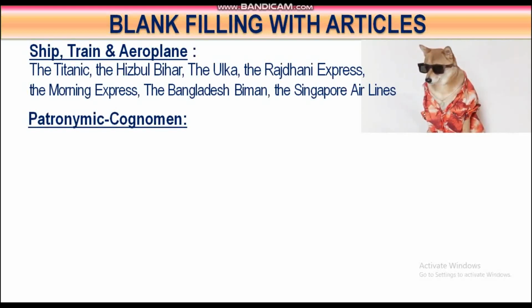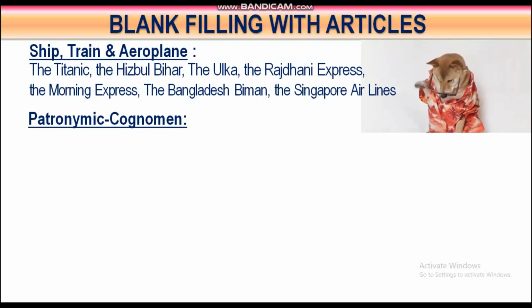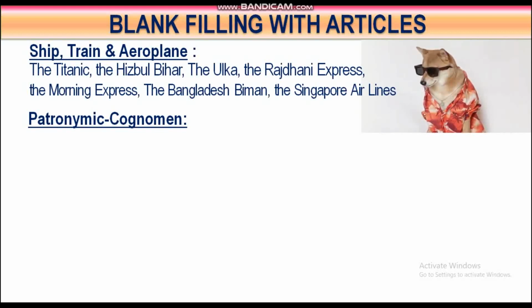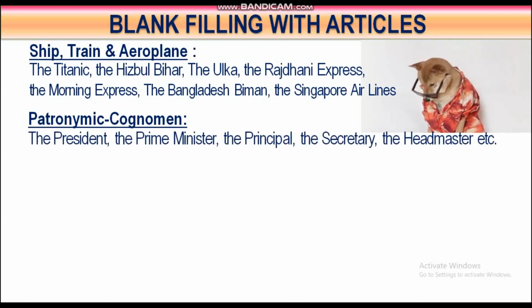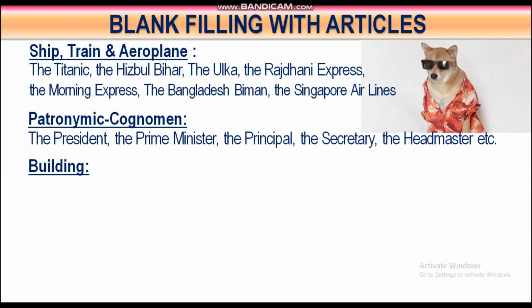Patronymic cognomen. Patronymic cognomen means title or designation, and article the is used before this patronymic cognomen. Examples of cognomen are the president, the prime minister, the principal, the secretary, the headmaster, etc. Building.